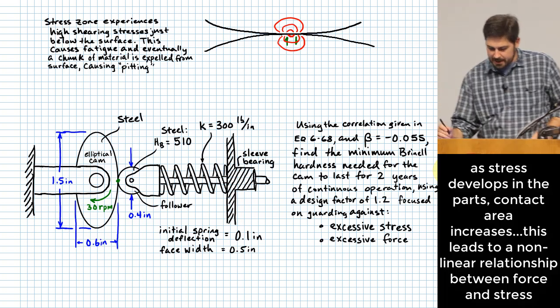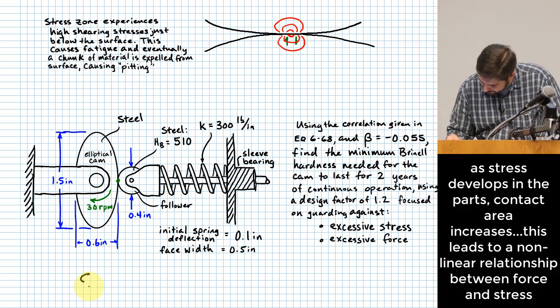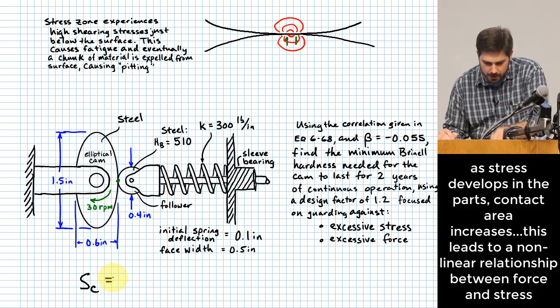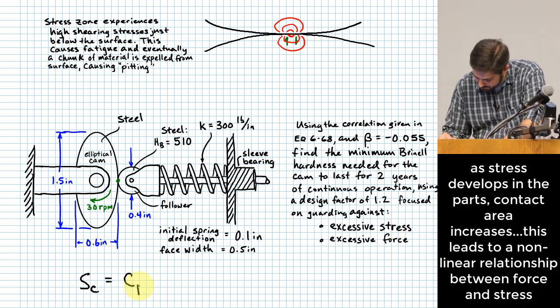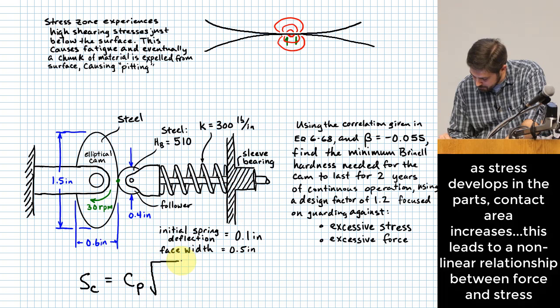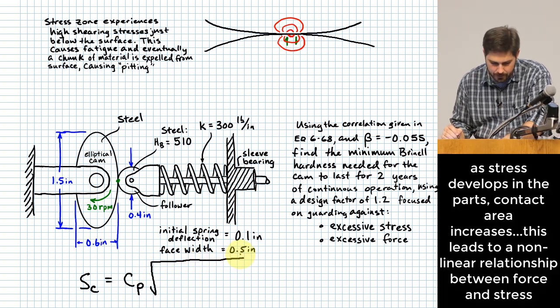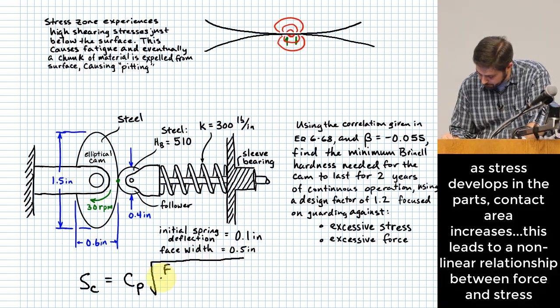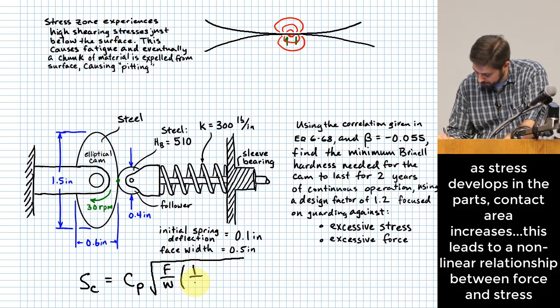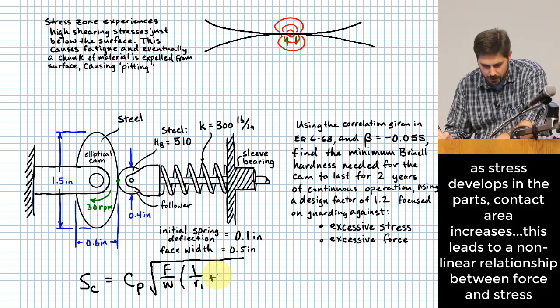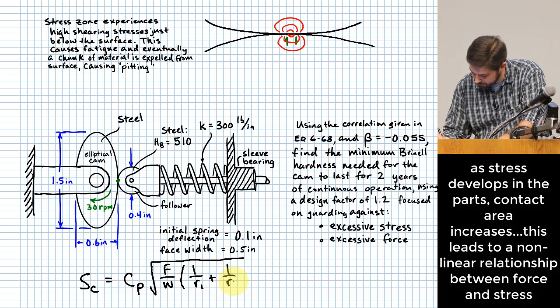It says that S sub C is equal to C sub P times the square root of F over W, times 1 over R1 plus 1 over R2.